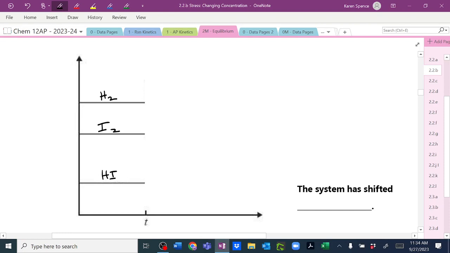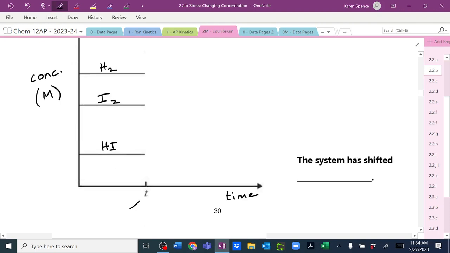This is our concentration, this is time, and at time t, we increase the concentration of H2. What will we see at time t? A spike where? H2. Which direction? Up.